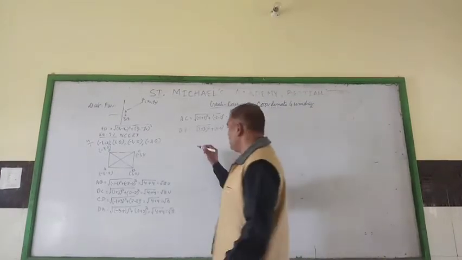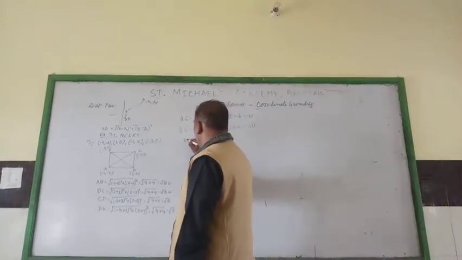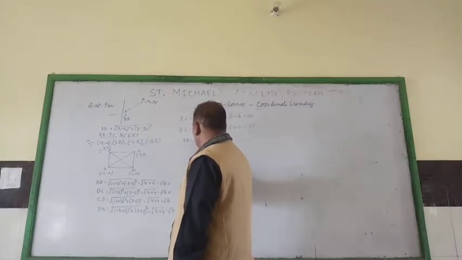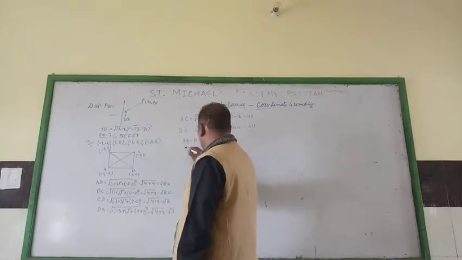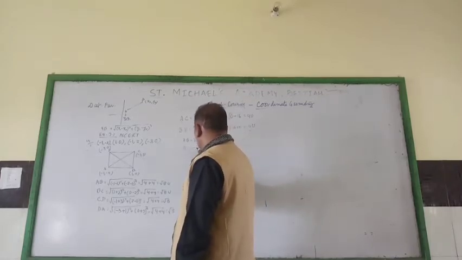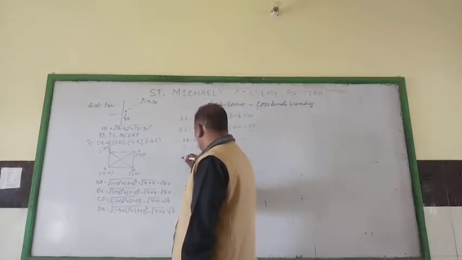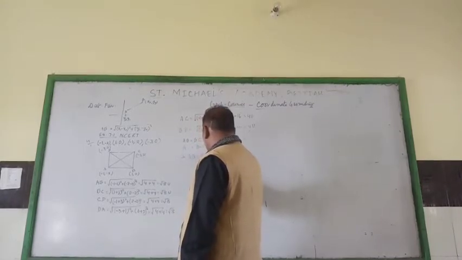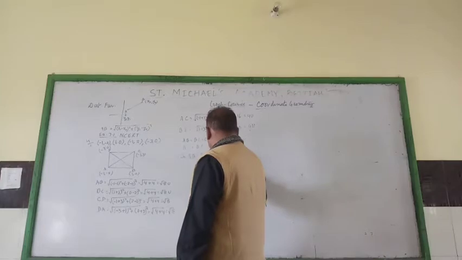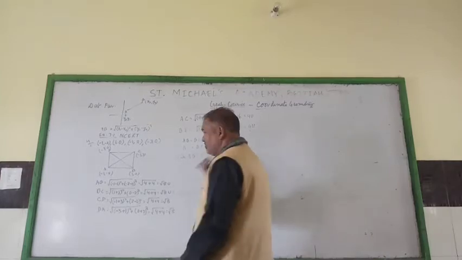आपको लिखना पड़ेगा. Since AB is equal to BC is equal to CD is equal to DA and AC is equal to BD, so ABCD is a square.